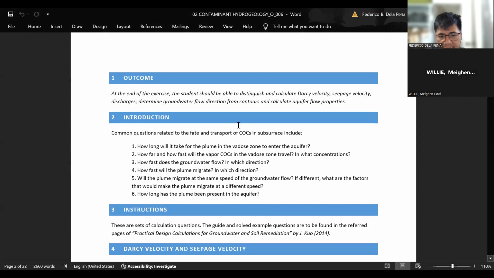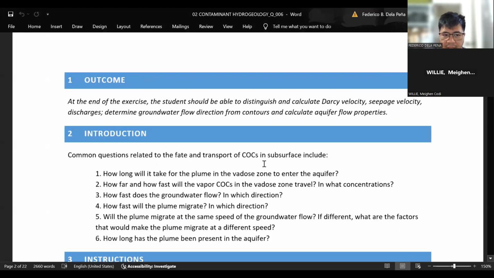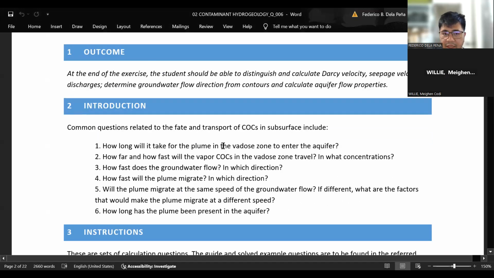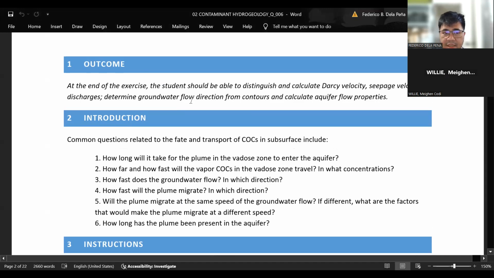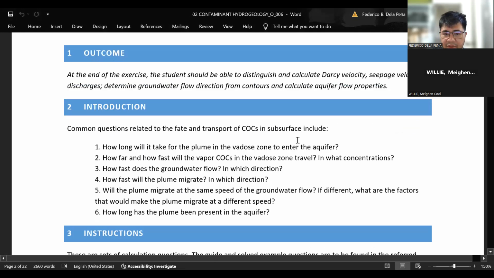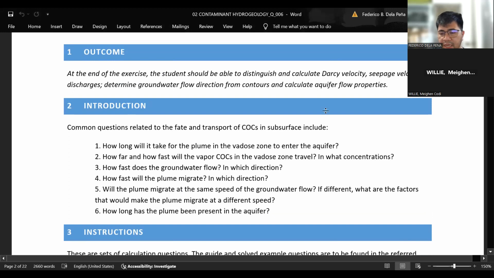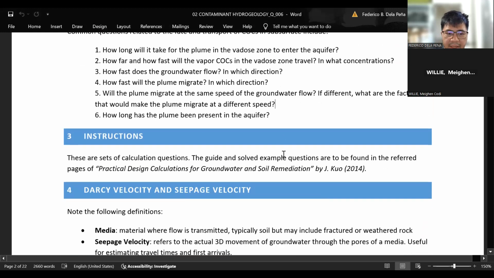So this is a topic about how the contaminants, once they enter the groundwater, how do they actually move around the groundwater? Okay. And the short answer here is that they simply follow the path of the groundwater. Okay, so they just flow along with the groundwater flow direction.